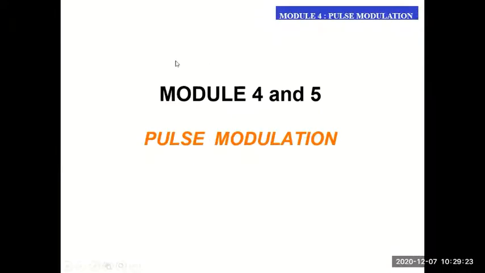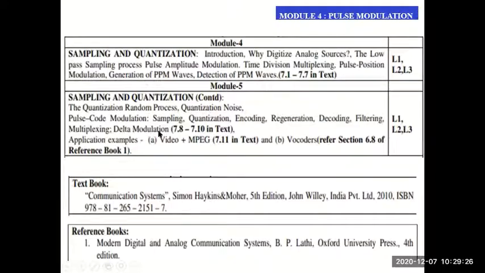So these are the things which you can expect to study, and the reference textbook remains the same. Everything is from chapter 7 of the prescribed textbook, Communication Systems by Simon Haykin and Michael Moher, 5th edition. Chapter 7 is covered almost completely, including modules 4 and 5. You see 7.1 to 7.7 for module 4, and 7.8 to 7.11 for module 5, and only the vocoders topic is taken from the reference textbook, that is 6.8 in reference book 1, which is Lathi.